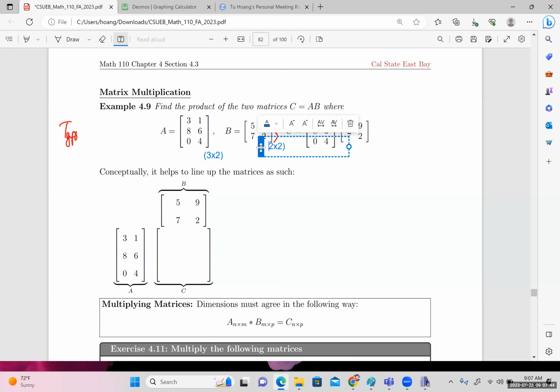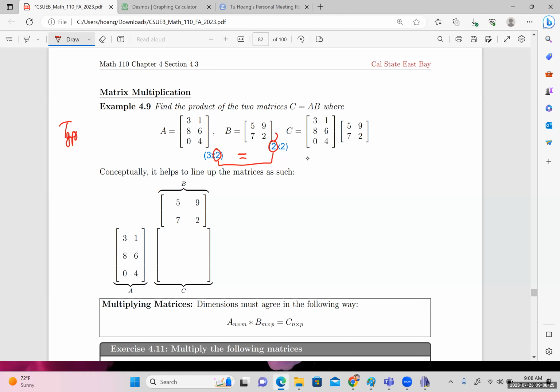So they are not in the same dimension, but the number of columns of the first one is 2, and the number of rows of the second one is also equal to 2. So they equal each other. Let's see why. Do we have any requirement for the multiplication between two matrices?